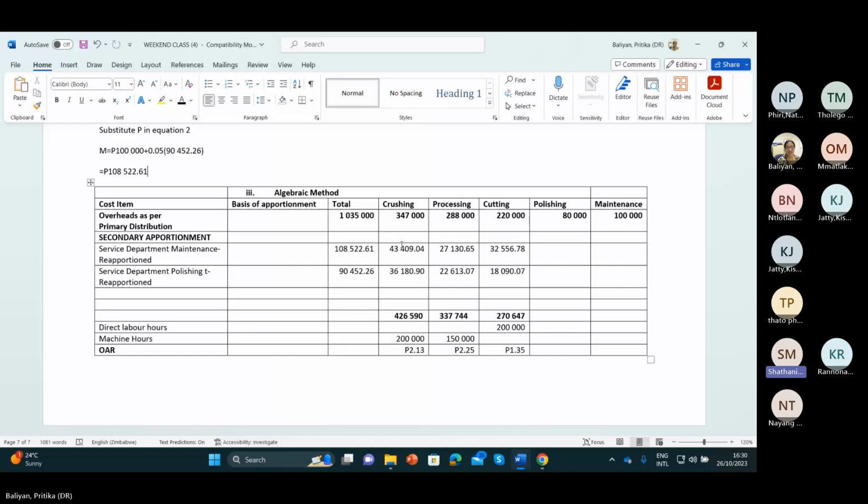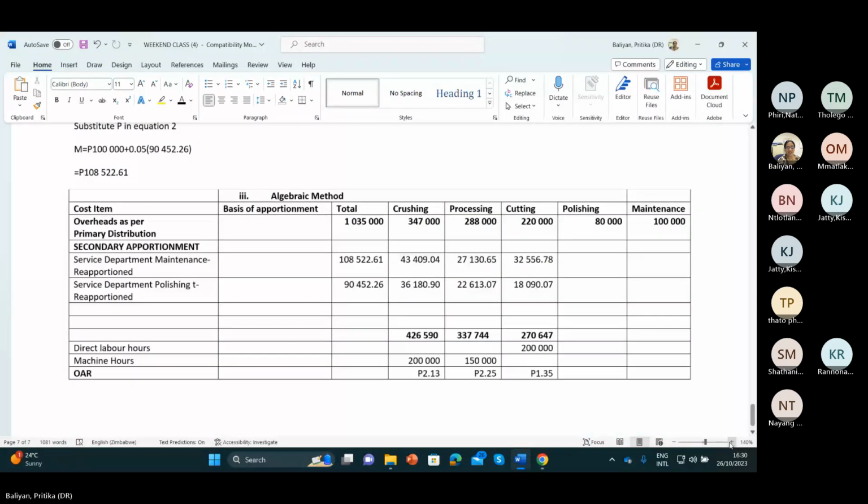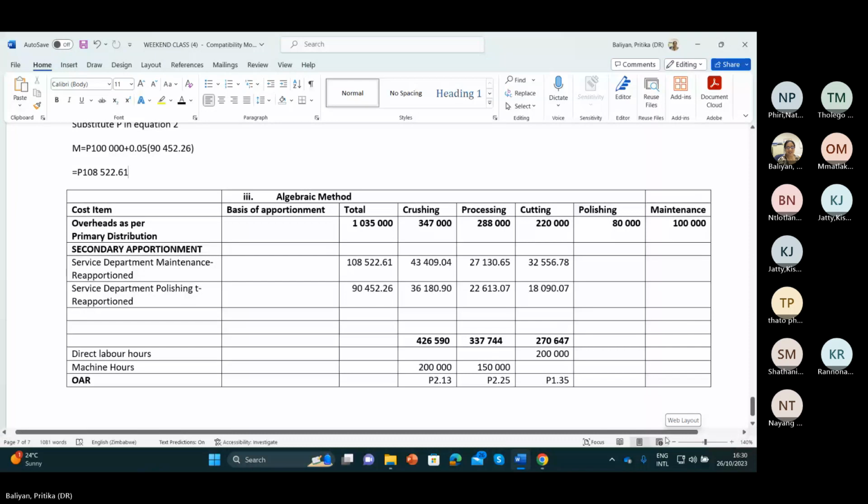Is it not 43,409? Yes. Can you see the solution? The solution I'm showing you. Is it showing on your screen? Yes. Okay. So you see, out of 108,522, the 43,409.4 will go to the crushing department.